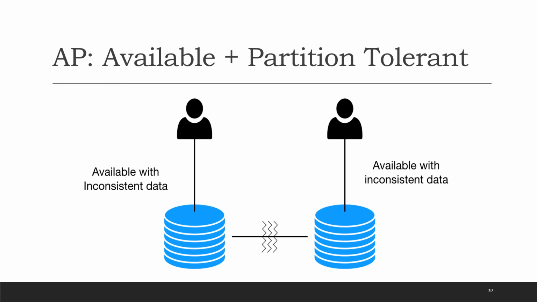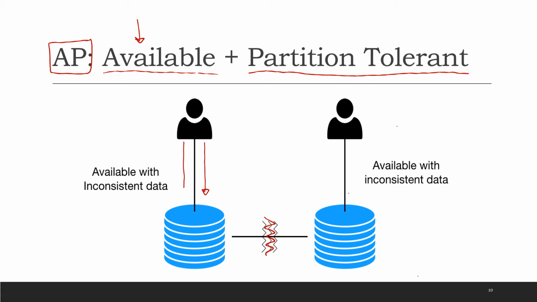Then the next case, how about AP? Meaning that we choose to guarantee availability and partition tolerance, A and P. Meaning that the system will be highly available, right? But with the presence of network partition, when the system is still available, users can still perform data operations, meaning that users of different nodes, different partitions, may still work with the data.